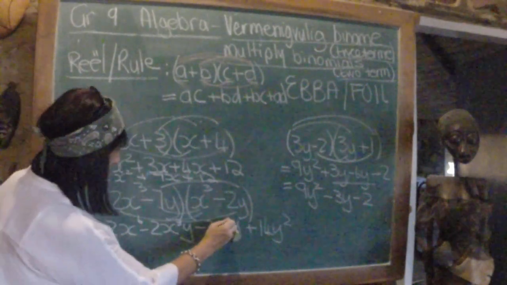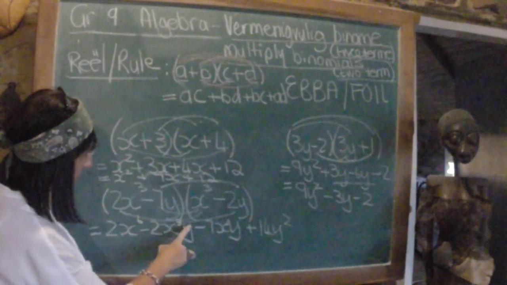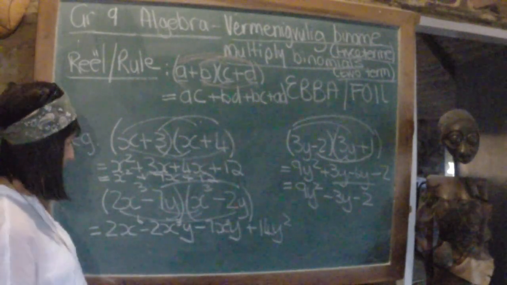Okay, that one must be a cube. 7y times x cubed gives you minus 7x cubed y. Yes.